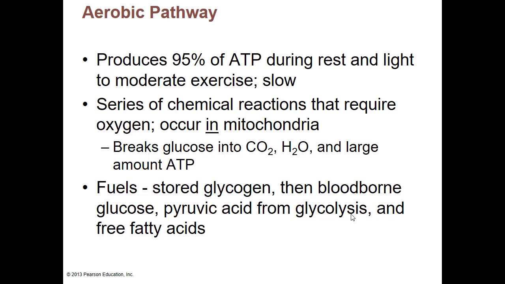And when all of that is used up, then we start breaking down fatty acid and fat. So this is why if you're working out, doing any type of aerobic pathway, are you burning fat right away? Nope. You're burning all the available sugar first. It's the more efficient way. Our body knows that these are simpler things to break down to give you the ATP that you need.